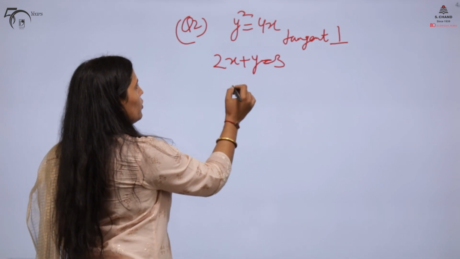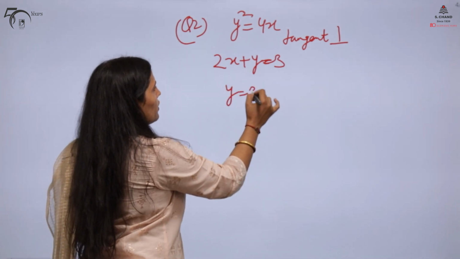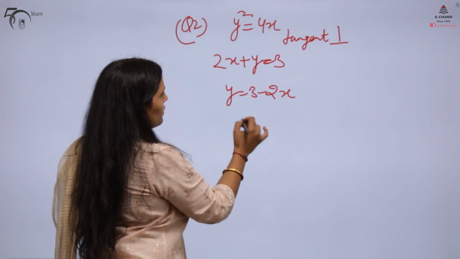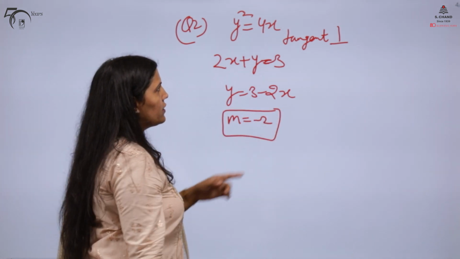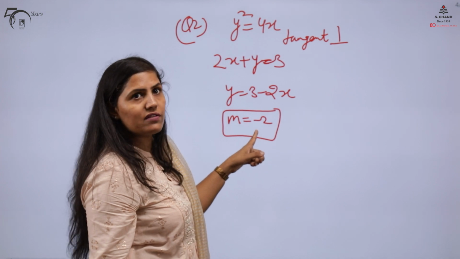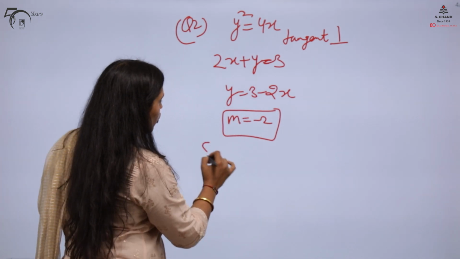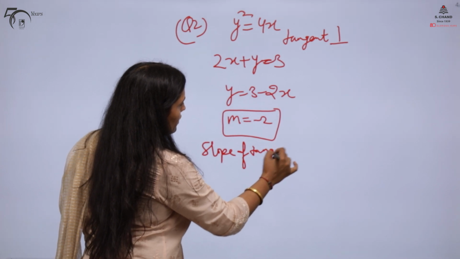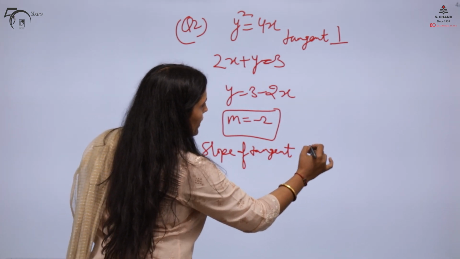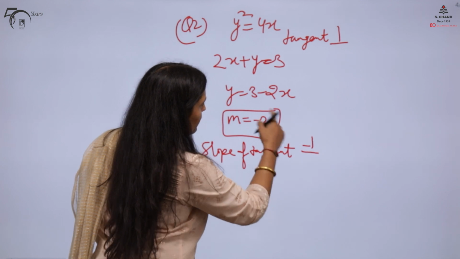First you see the slope. For the line 3 minus 2x, the slope is minus 2. As per the question, the tangent is perpendicular to this line, so the slope of the tangent will be the negative reverse of this.